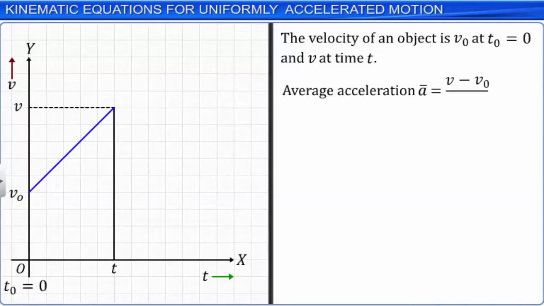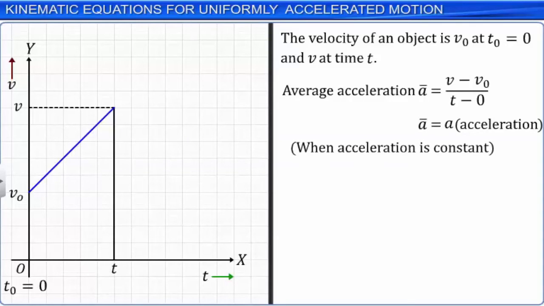The value of a dash is equal to acceleration when acceleration is constant. By cross-multiplying and rearranging, we get the value of velocity as the sum of v naught and the product of a and t. This is equation 1 of motion.